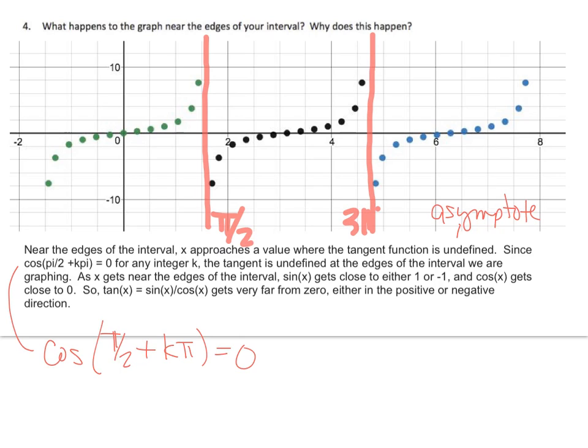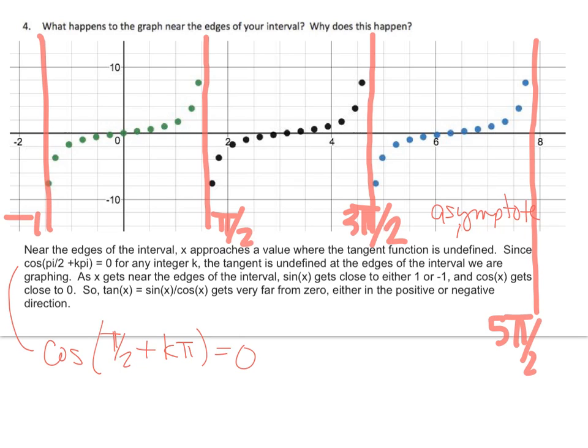Or 3 pi over 2. Or 5 pi over 2, etc. Okay, negative pi over 2. It's our asymptote. It's pretty cool, but something we need to take into account.